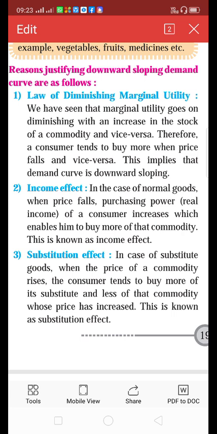Yes, this is the complete meaning. Desire means wish to have something, willingness to purchase means the person is ready to purchase, and ability to pay means the person is capable enough to pay the amount for the commodity.